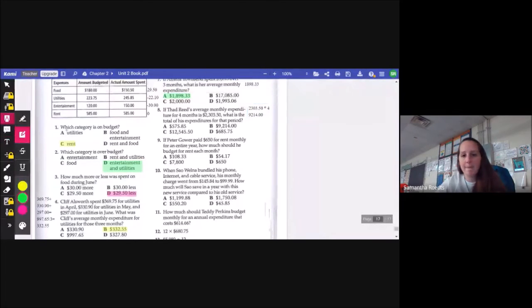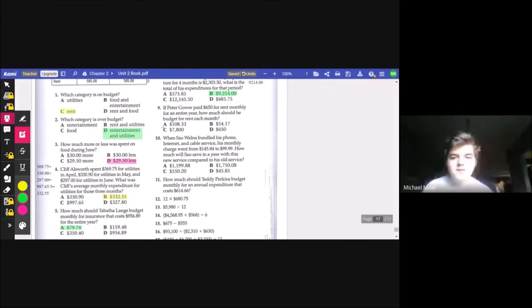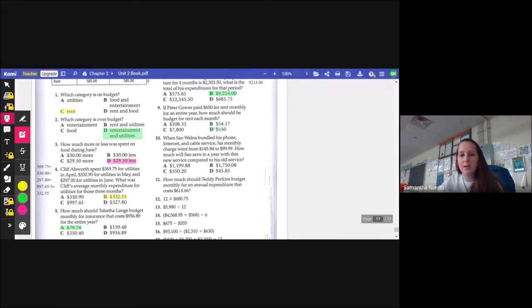So that one's letter B. And then number 9, if Peter Gower paid $650 for rent monthly for an entire year, how much should he budget for rent each month? If he's spending $650 every month, that's how much he should budget. So that one's going to be D, $650.